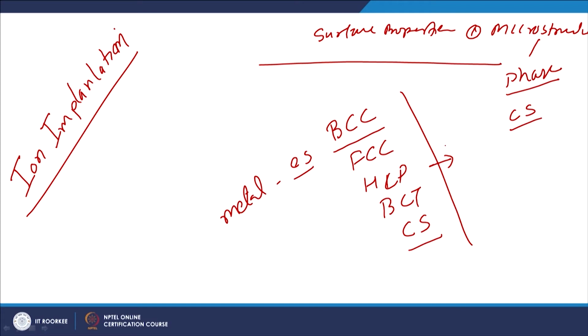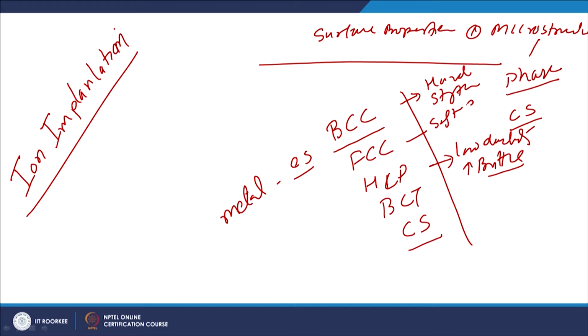For example, metals having the HCP crystal structure offer low ductility and higher brittleness. On the other hand, BCC offers high hardness and strength. FCC metals are comparatively soft and of low strength.